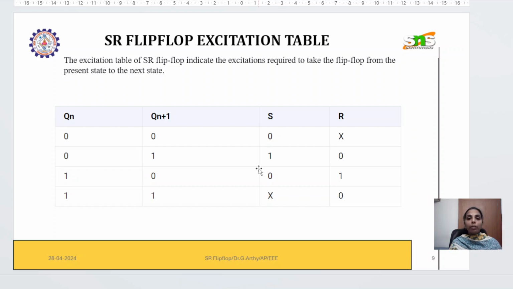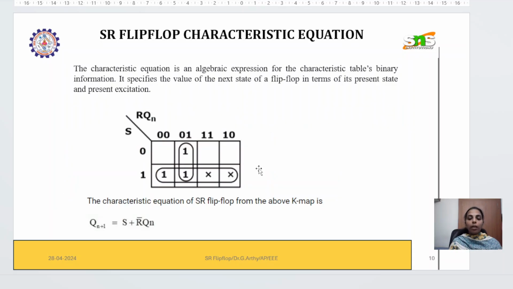The excitation table gives the information that when present and next states are so and so, what will be the inputs. Once after deriving the excitation table, it is now time to draw the logical circuit. In order to draw the logical circuit, we need the logical expression or the Boolean expression. The Boolean expression can be derived using a K-map.